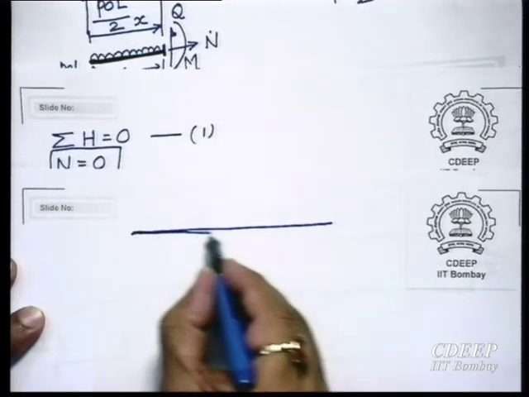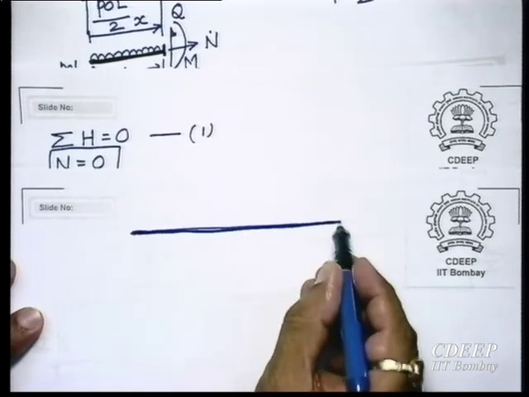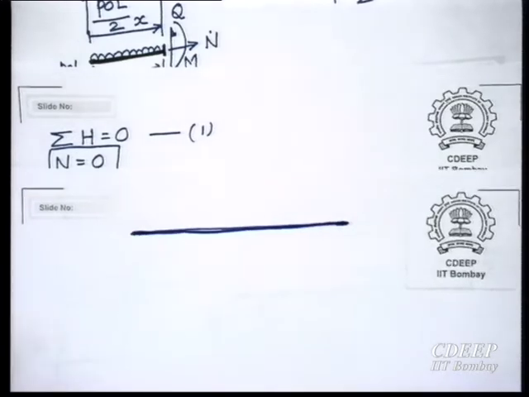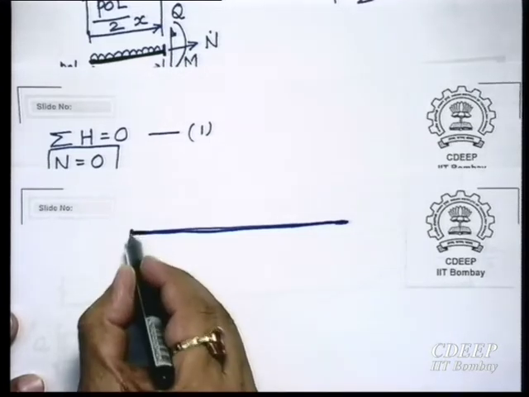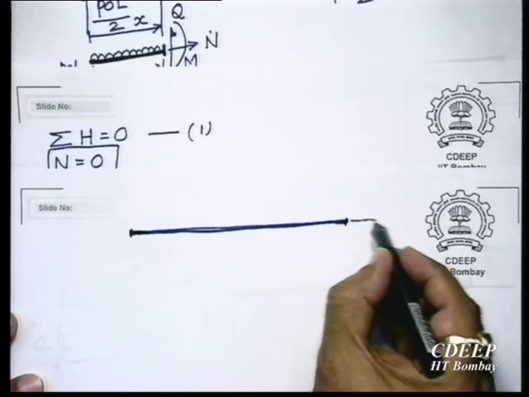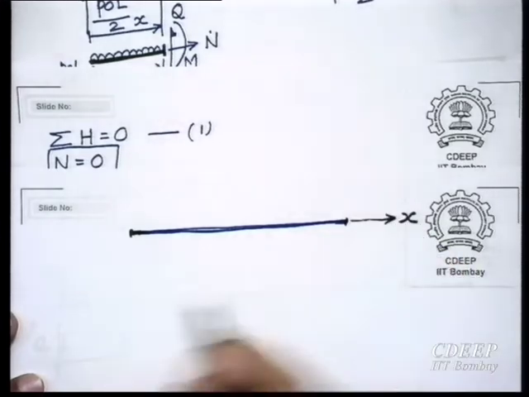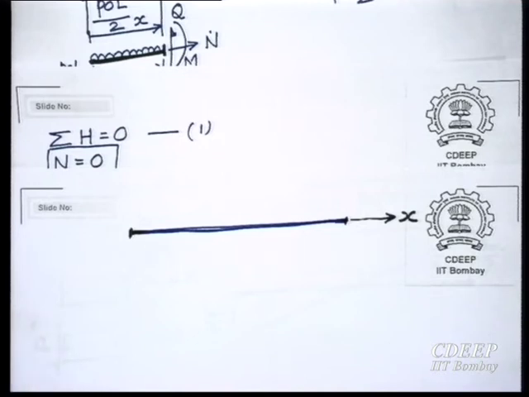So if this is the beam length, what will you call this end? This is a positive x. This face is what? If I cut it to the support, negative x.